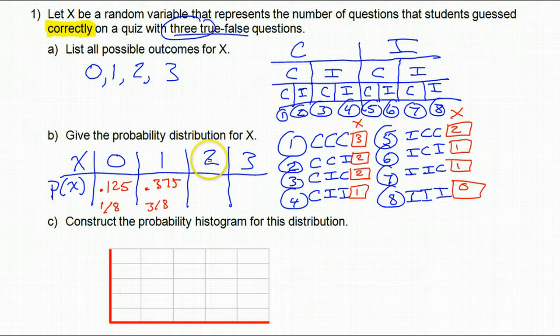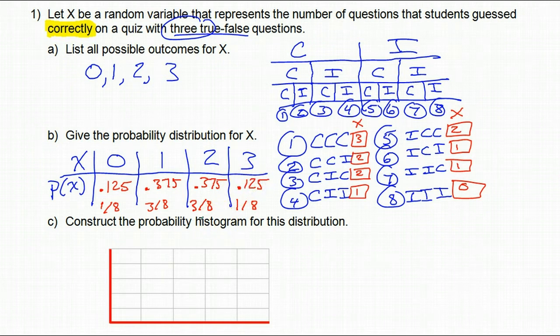The probability of getting 2 correct: that happened again 3 out of 8 times, 0.375. And the probability of getting all 3 correct: that happened only once, 1 out of 8 times, and again that is 0.125.